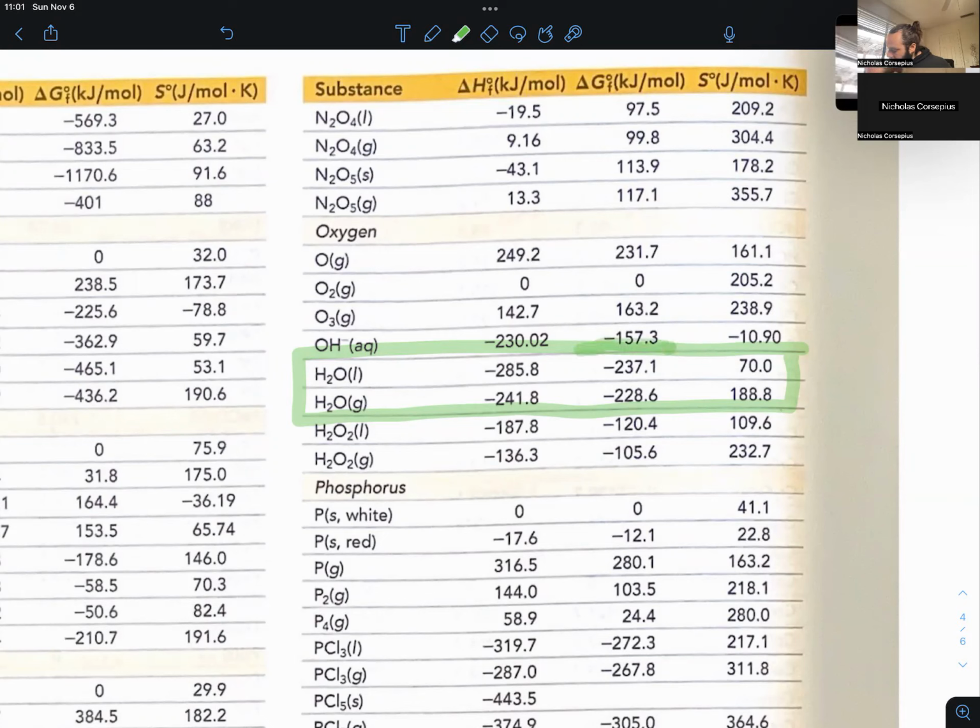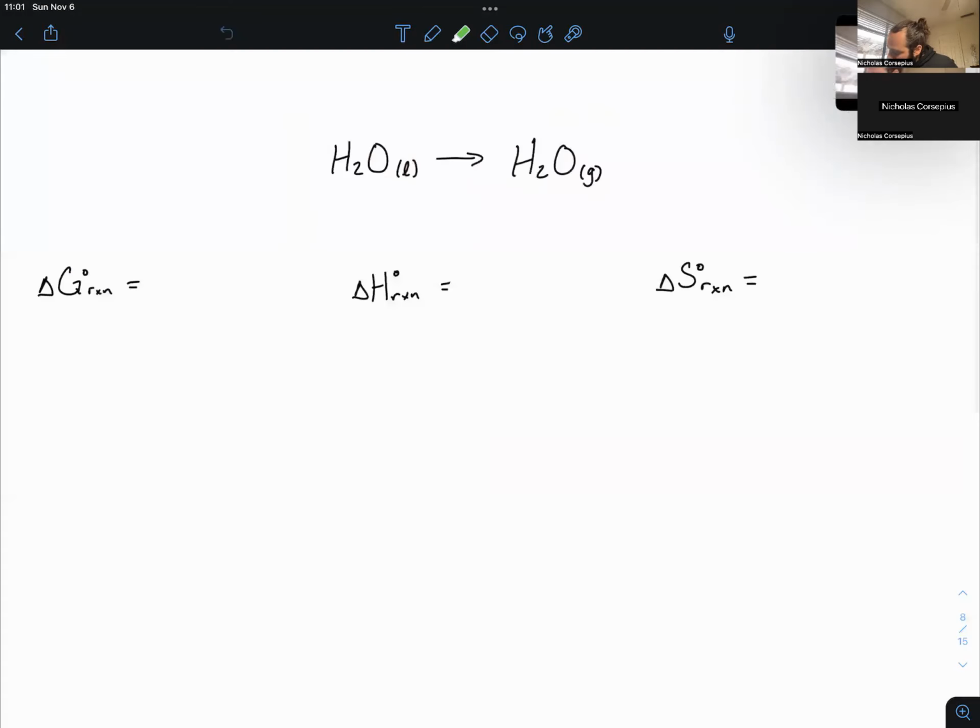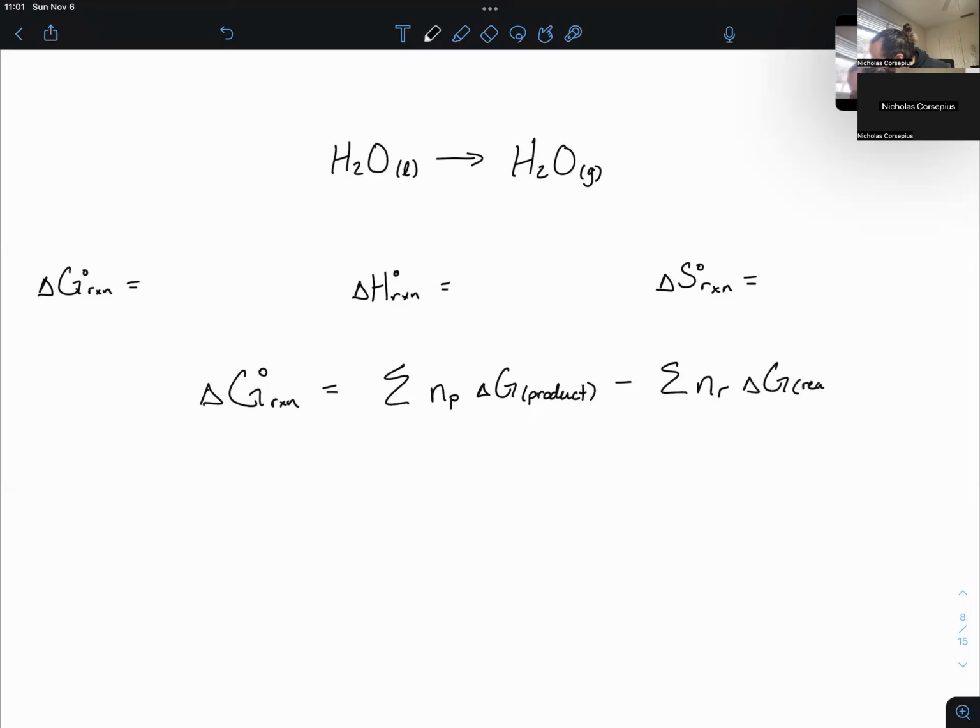So looking at the delta G for this reaction specifically, these are the two values that I would pay attention to. And then going back here, remember what we want to have in mind when we're calculating these delta Gs for our reactions is the sum of the product side times that stoichiometric coefficient minus the sum of the reactant side times that stoichiometric coefficient, right?